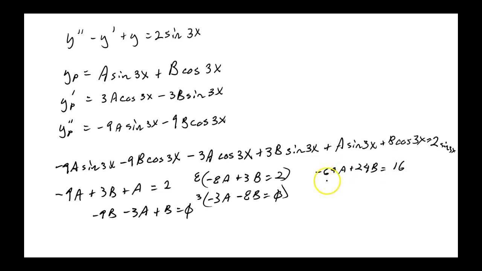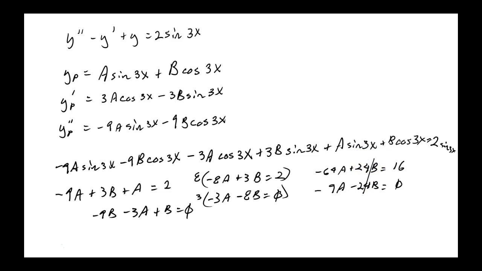What would the second equation be? Minus 9a minus 24b equals 0. Okay? Now you can add the two equations to each other, and doing that will eliminate your b, right? Yay or nay?